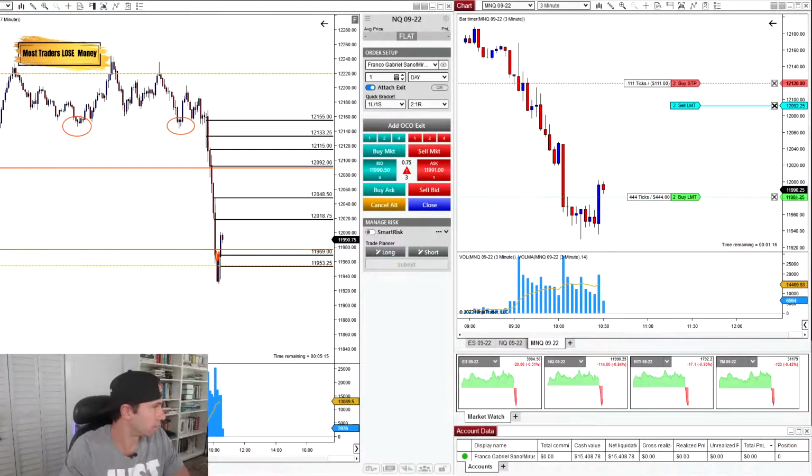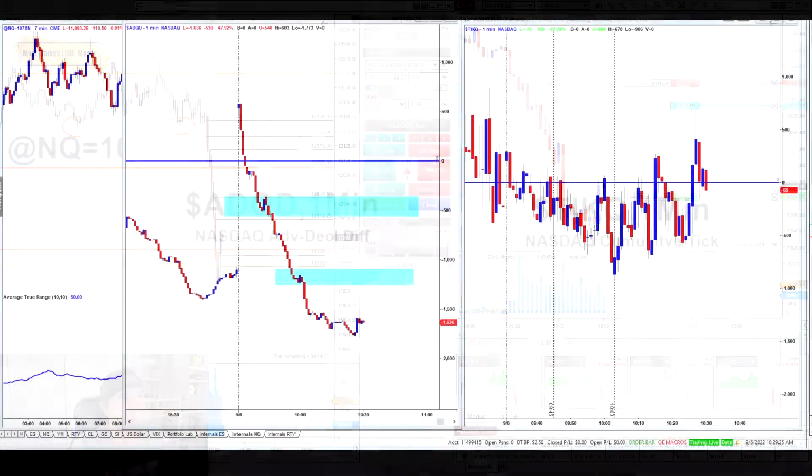So I need to transfer to this and then the pre-market. There we go. So this is my tick chart. I'm going to get myself out of the way so we can watch this.